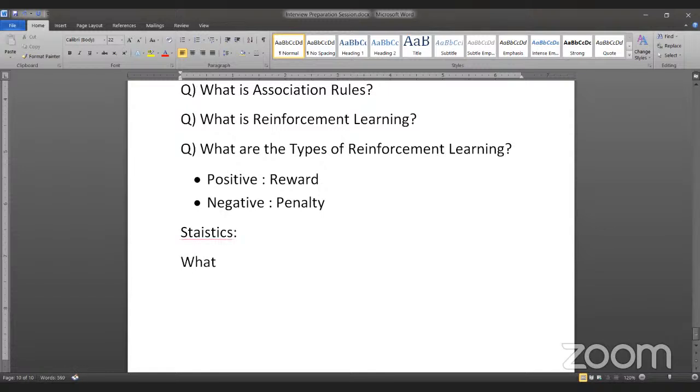Okay, so let us start with what is the central limit theorem.